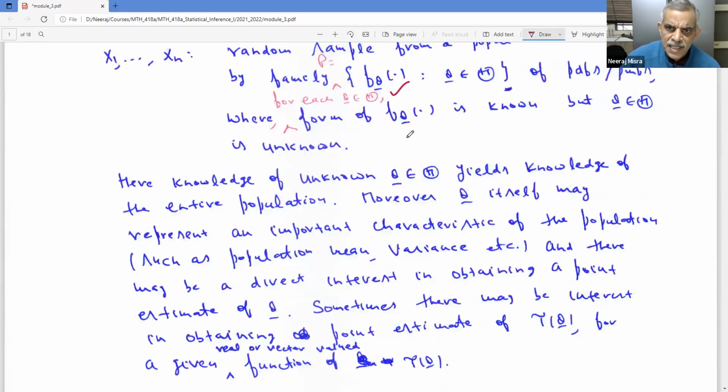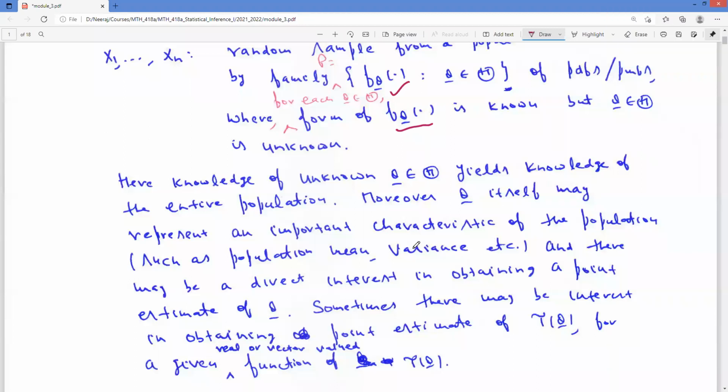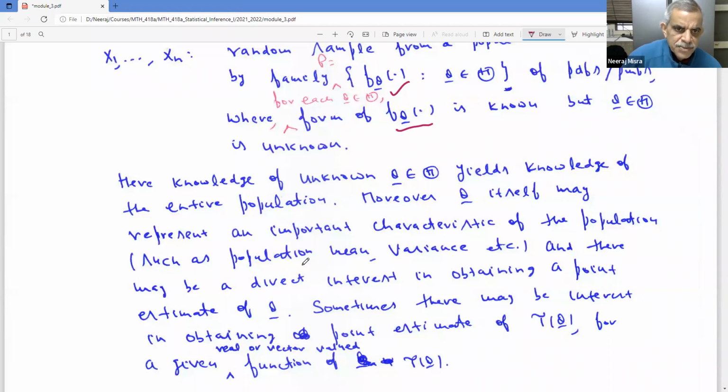The functional form of f_theta is known, but this parameter theta may be unknown. So what is unknown about the population is only this parameter theta, which is basically a part of a parametric statistical inference problem. And in this course, we are restricting our discussions only to parametric statistical inference problems.